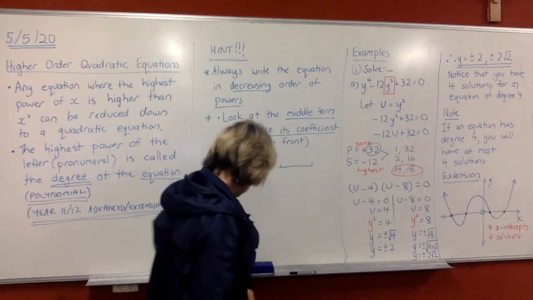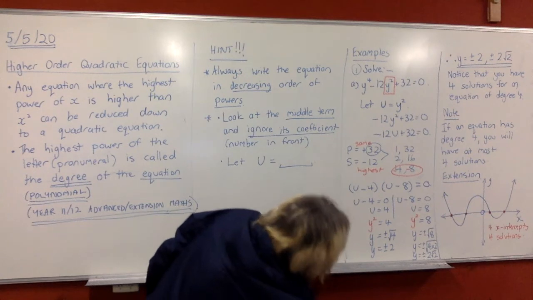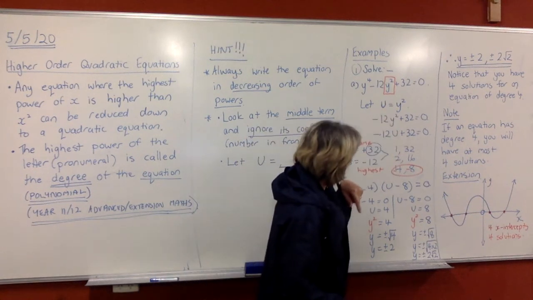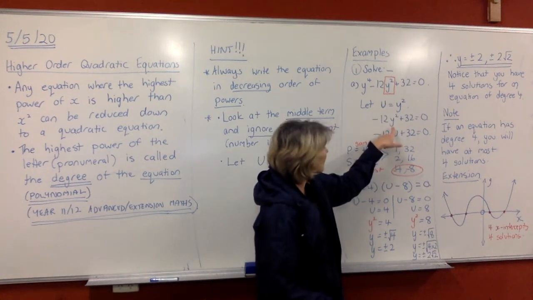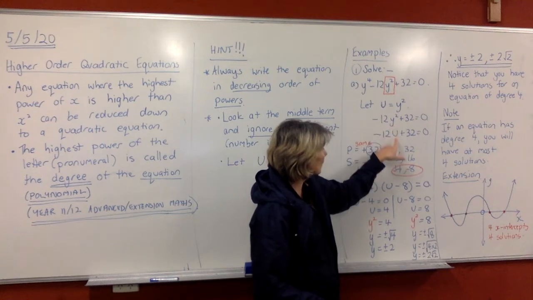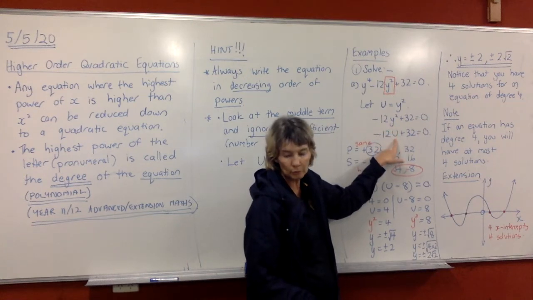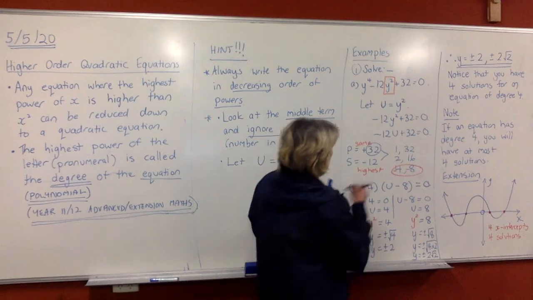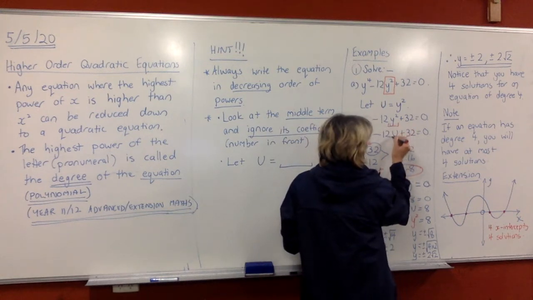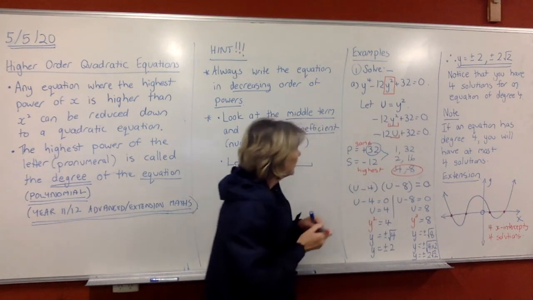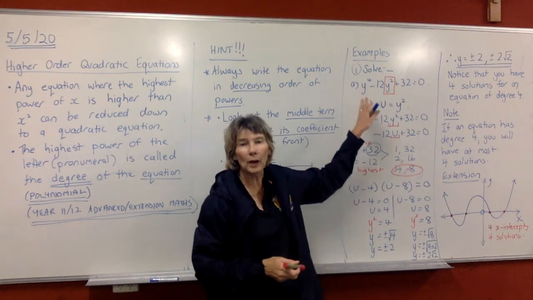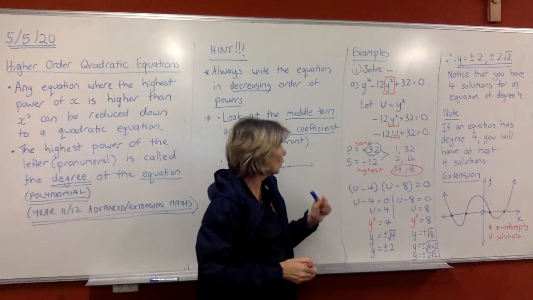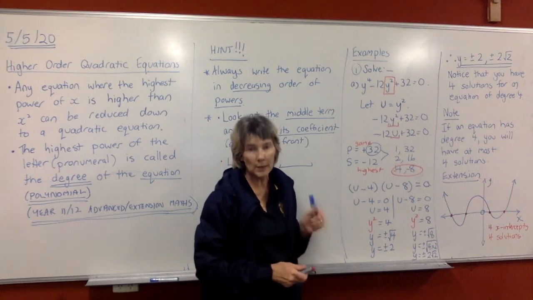All right, and when we do that, at the moment, we've got a y squared there. We're going to replace it with the u. So wherever you see the y squared, you're going to replace it with u. Now over here, we have to find a way of writing y to the power of 4 using y squared.